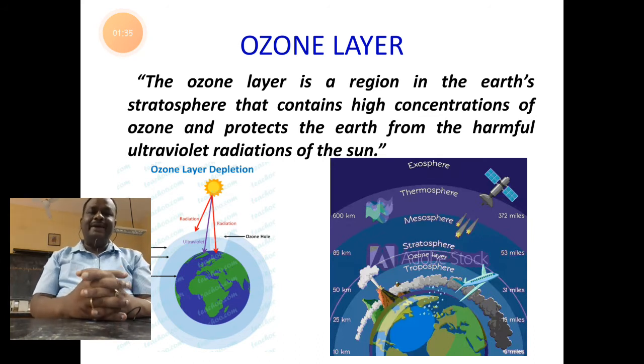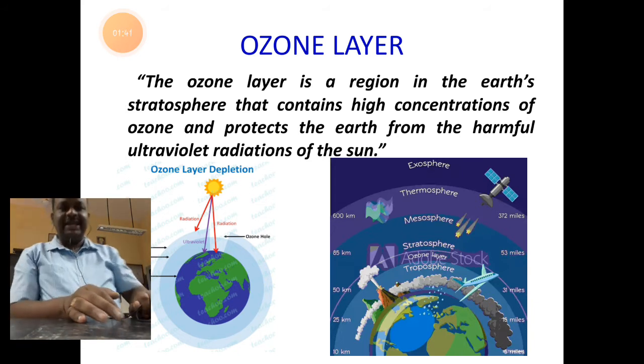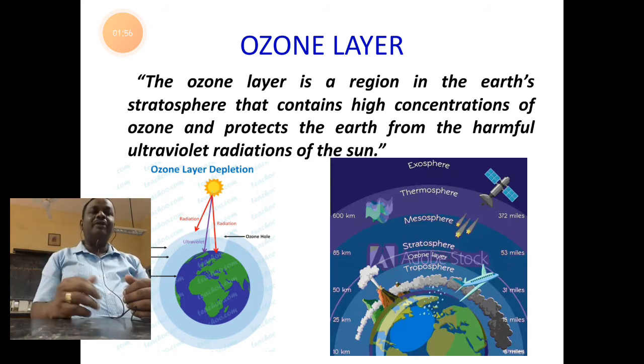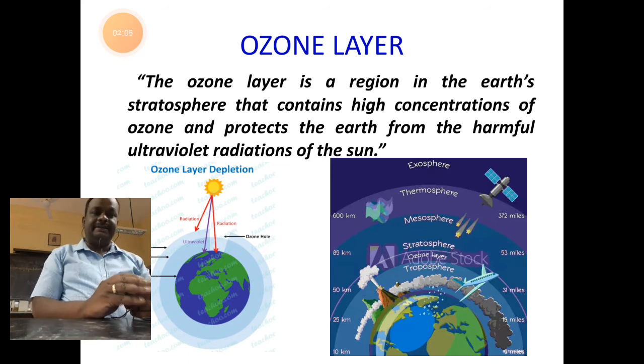This ozone layer protects our Mother Earth from harmful UV radiations that come from the sun. Thus, the ozone layer is a part of Earth's atmosphere present below the stratosphere that contains a high concentration of ozone and protects our Mother Earth from the harmful ultraviolet radiations of the sun.